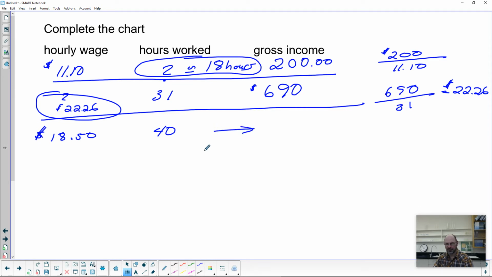Then you have to get to the gross, and that's just multiplying 18.50 an hour times 40. You get $740 gross. So they have a couple of different charts in your examples.